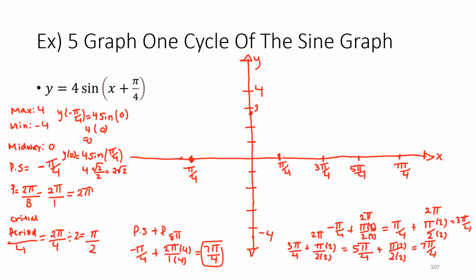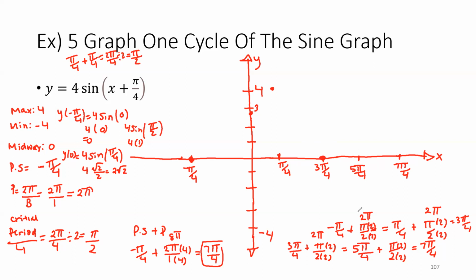And then pi over 4, I have to plug in pi over 4. Okay, so pi over 4 plus pi over 4 is 2 pi over 4, which can be reduced by 2. So that would be pi over 2. So sin of pi over 2 is 1 times 4. Okay, so it went to your max. Okay, that's enough. You don't have to plug in any more points because it's the cycle, right? And then 3 pi over 4 is going to go to your midway.